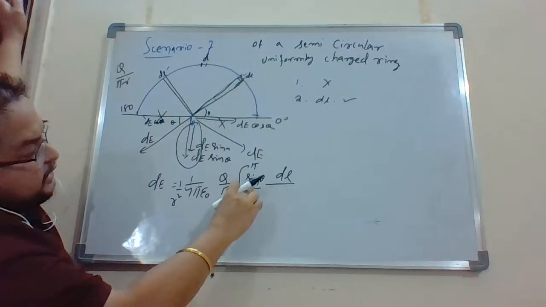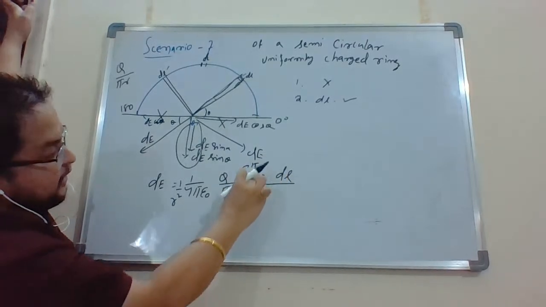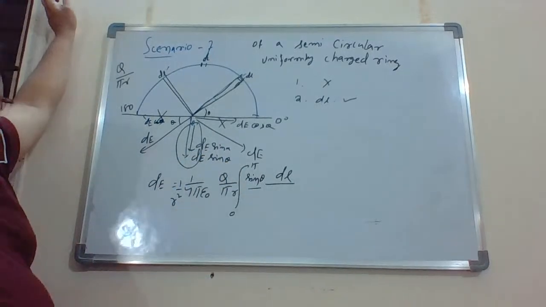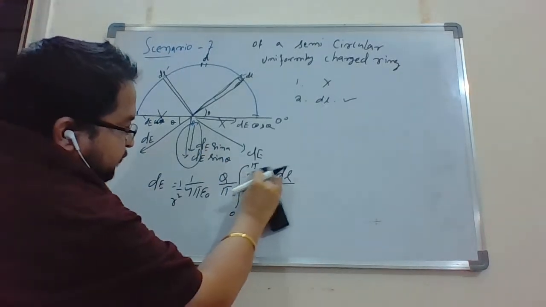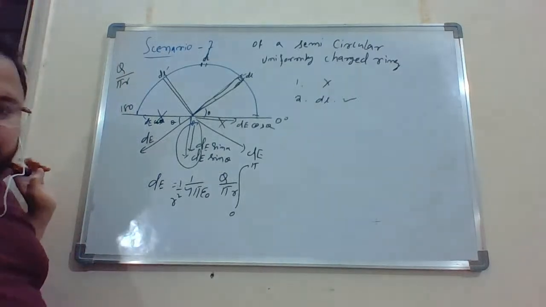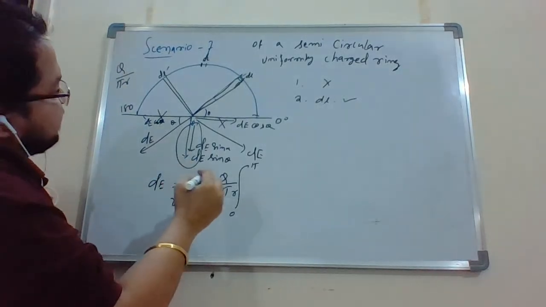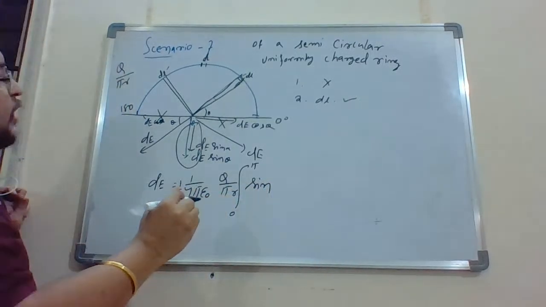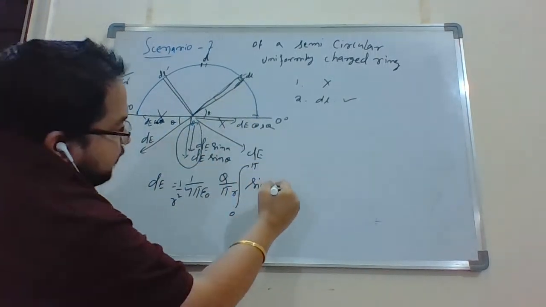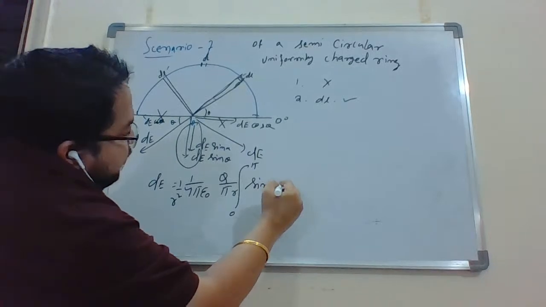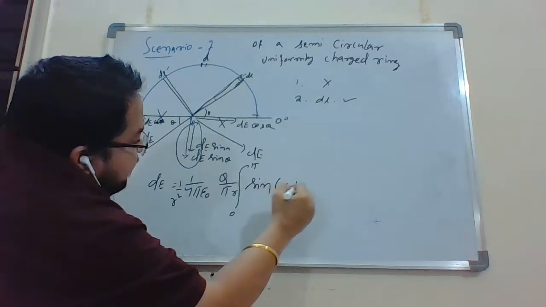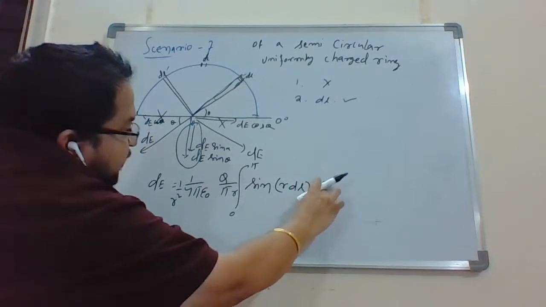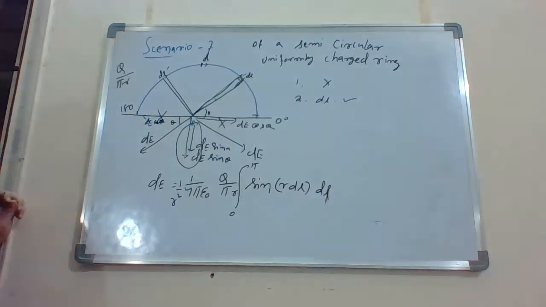So rather than saying sine theta, I can say sine of dl by r, into dl, and then the rest is integration.